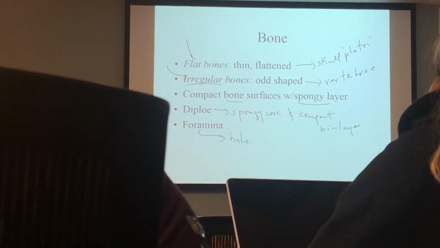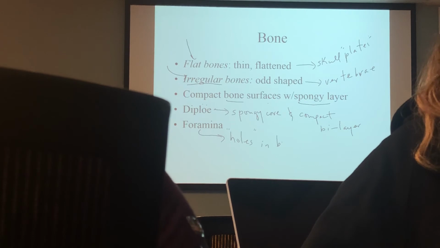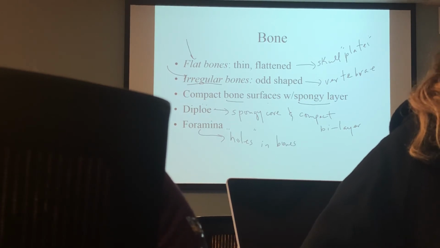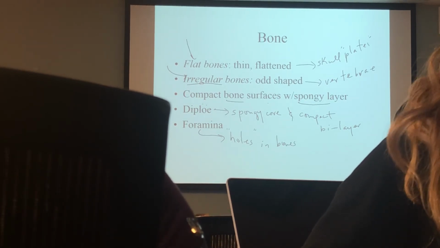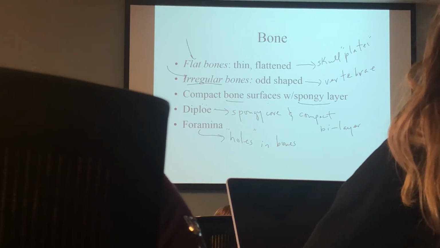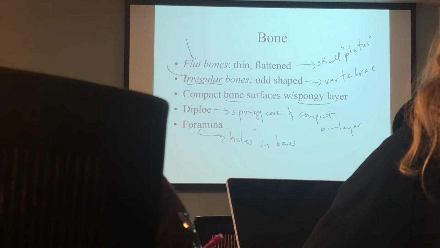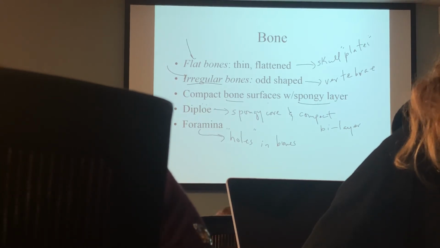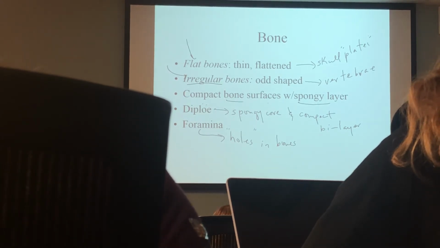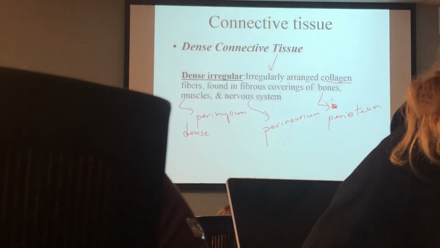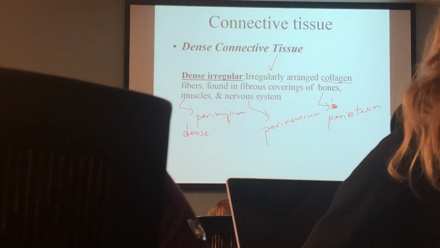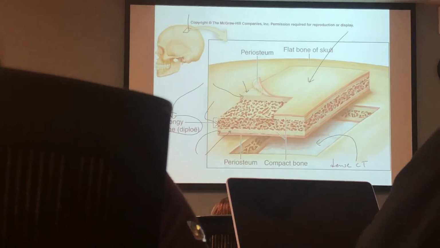Little holes in bone, okay? You will learn about these foramina, the little holes in the skull, because those are openings for cranial nerves and blood vessels. All right, so you have your dense CT, and then you have your bones.